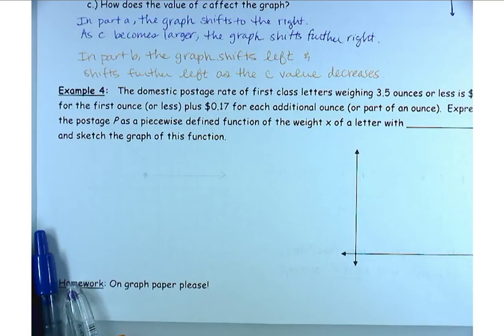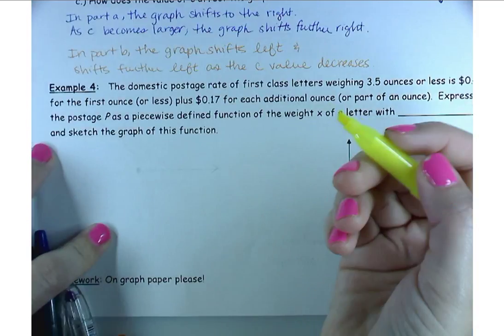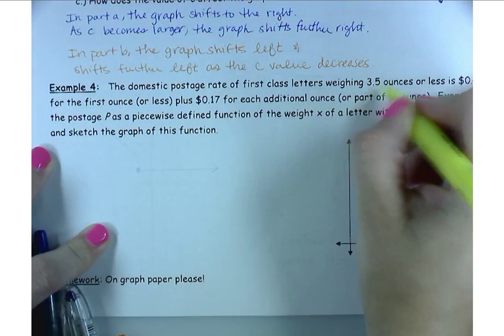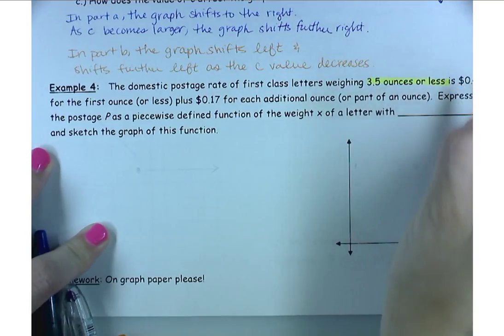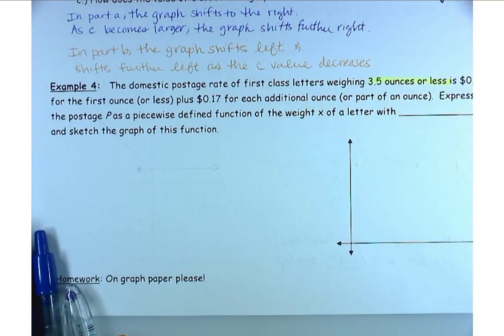Good. Some of you guys have already even started writing your piecewise. So you have the postage rate. If it weighs 3.5 ounces or less, it's going to be 44 cents.